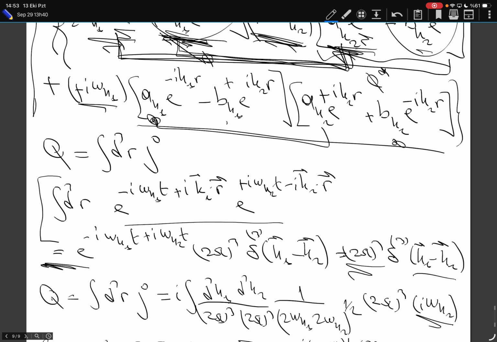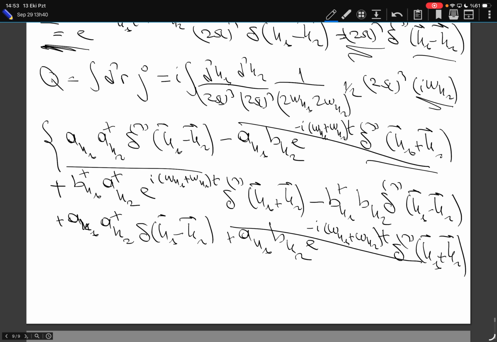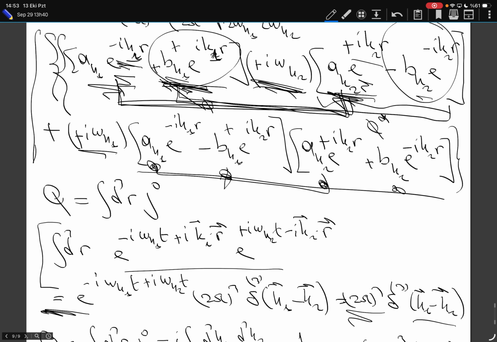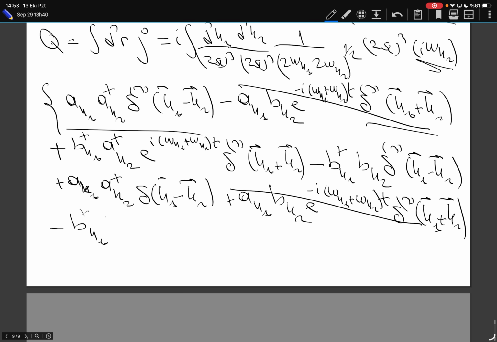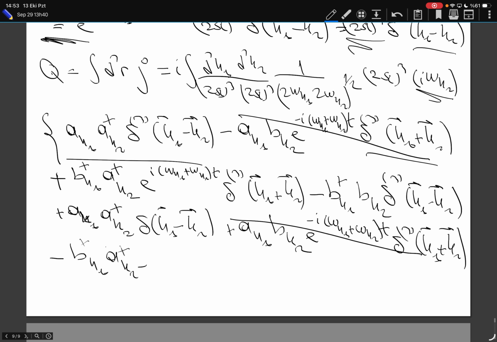I have the product of the second term and the first term in the other parentheses. So this will be minus b_{k1}^\dagger, a_{k2}^\dagger, both exponents are positive, e to the power i (omega_{k1} plus omega_{k2}), Dirac delta cubed (k1 plus k2).